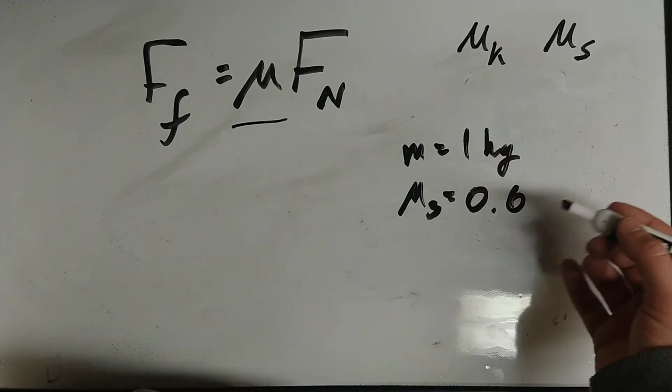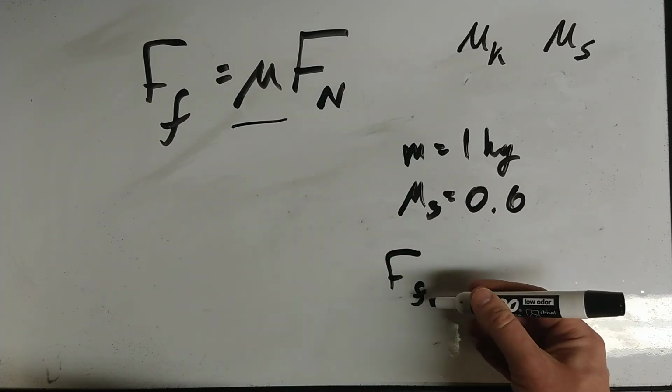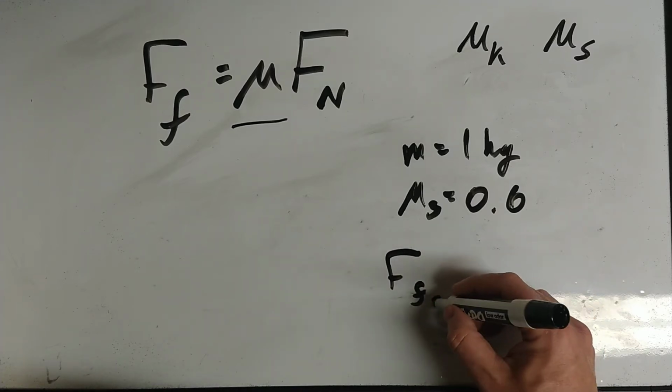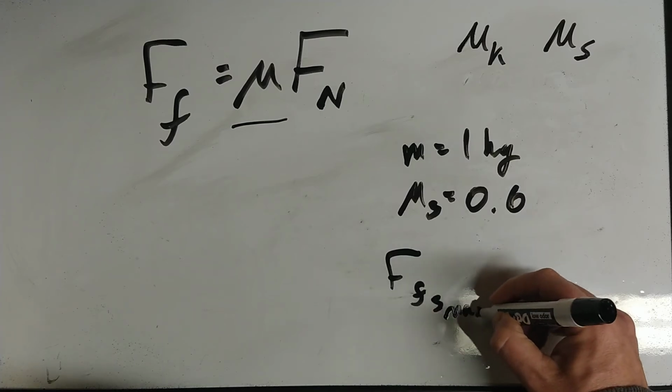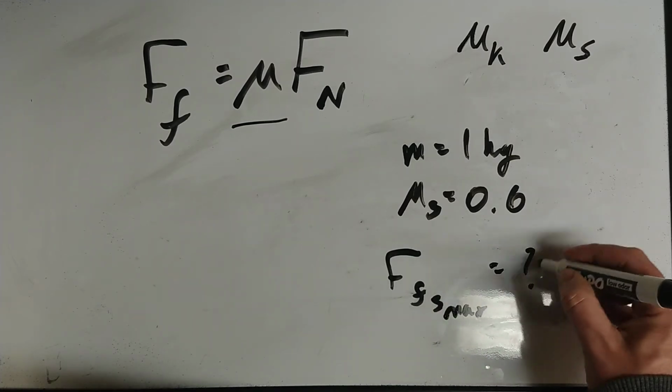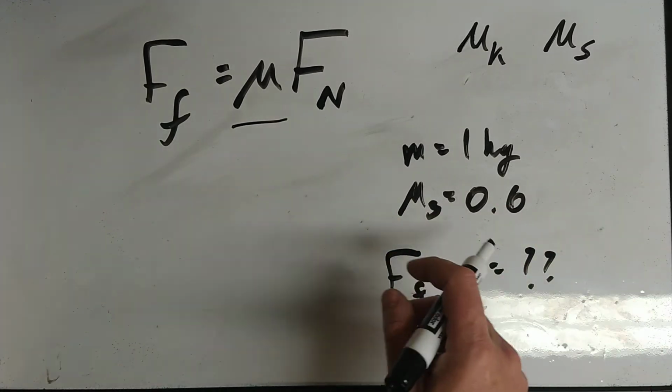How much force of friction do we have to overcome? So you're trying to figure out the force of static friction, the maximum amount. That will tell us how much force we have to apply to this object to get it moving.